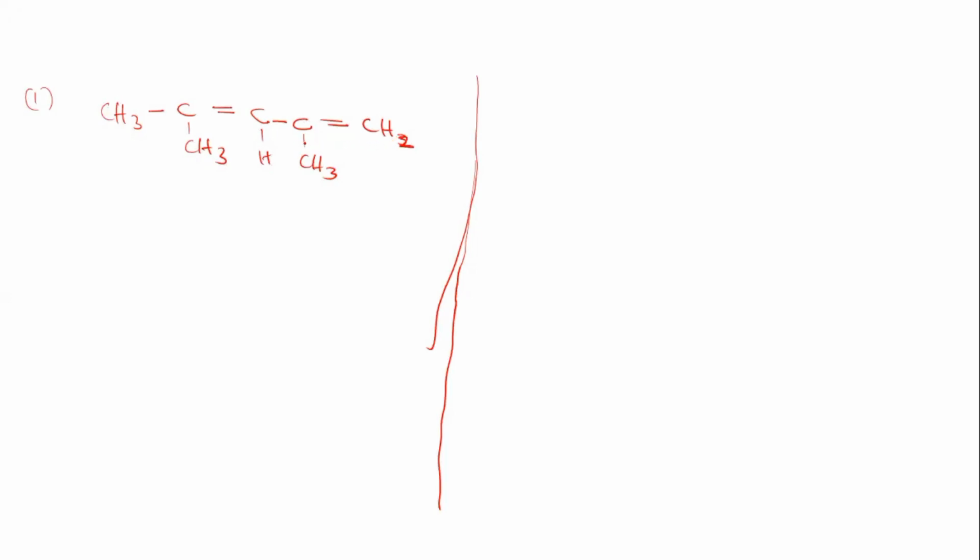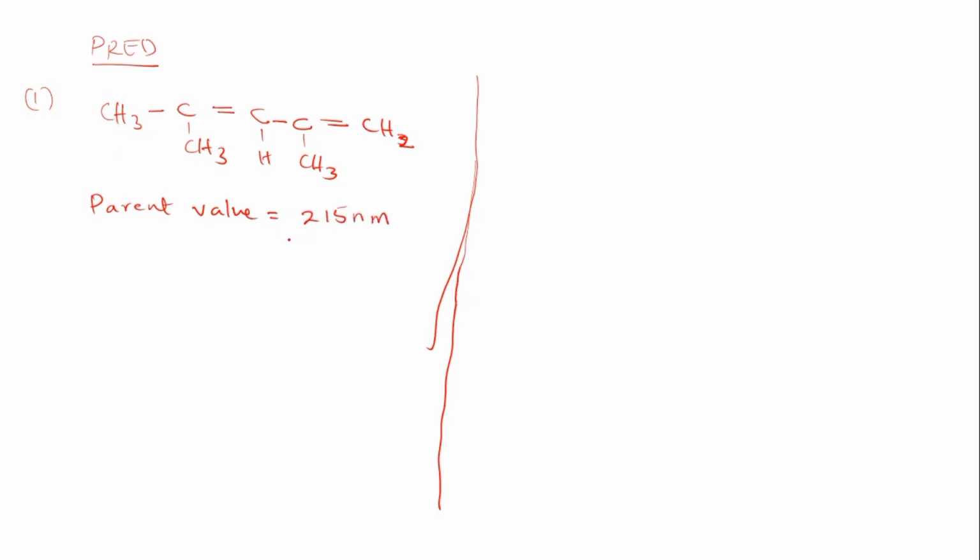Now, of course, you know that this is an acyclic diene, and we're going to be using the formula here. So you follow through, you pick them one after the other. The parent value here is 215 nanometers.